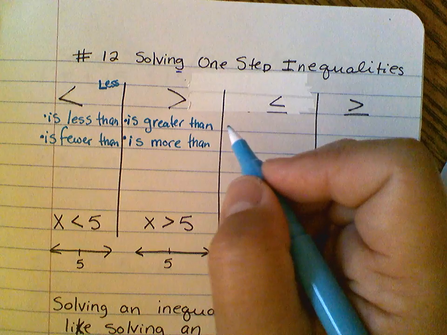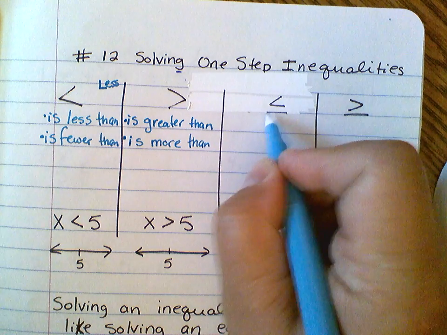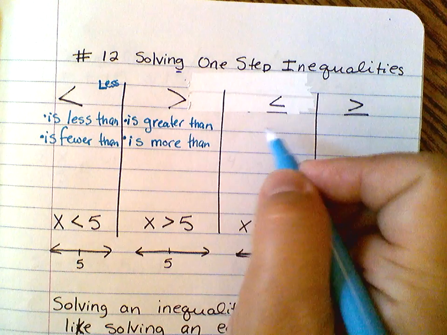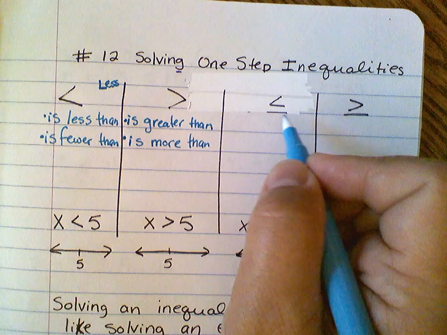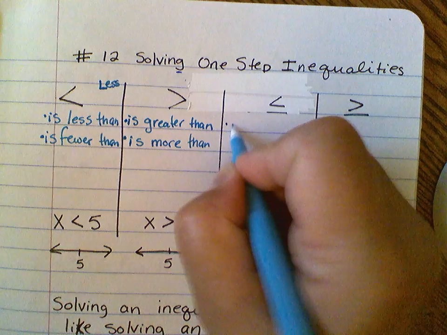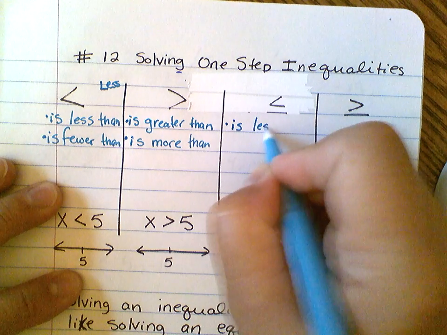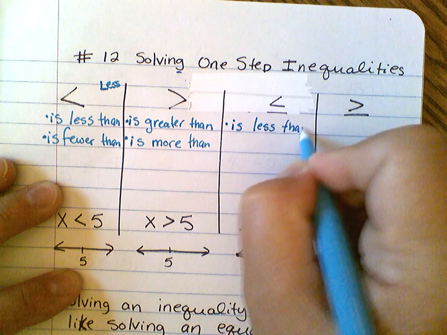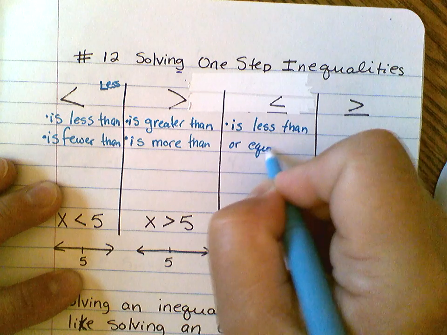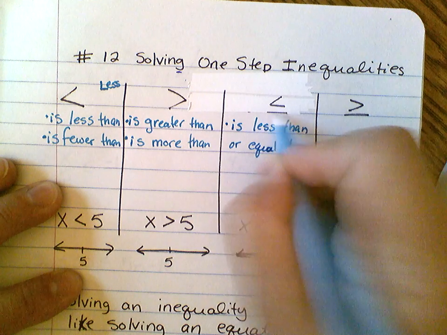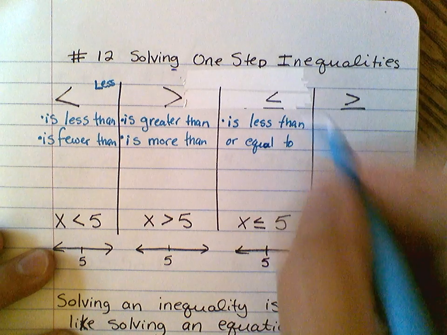Then we have this other one, which looks like the is less than symbol, but has a little line under it. And that one says is less than or equal to. So this little line looks like part of the equal sign.